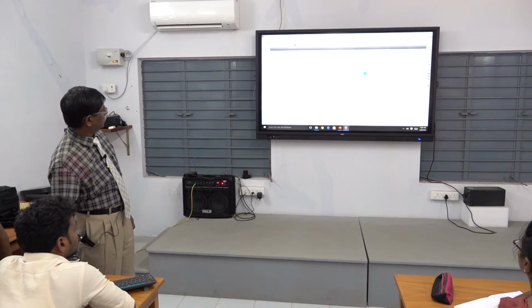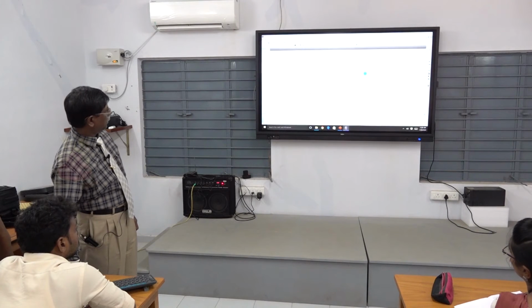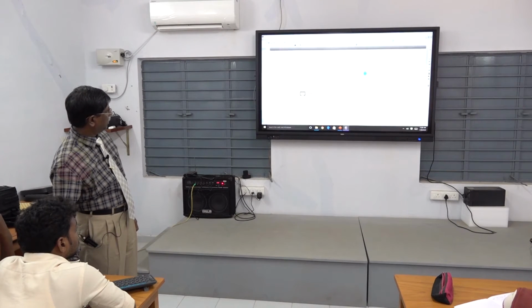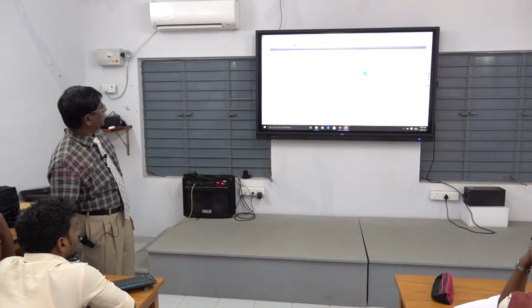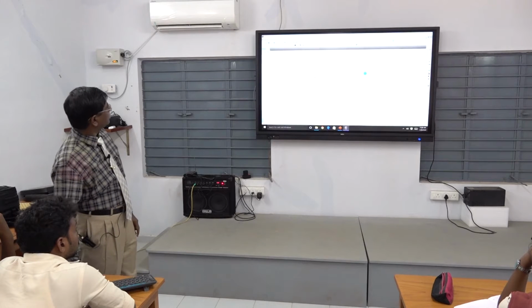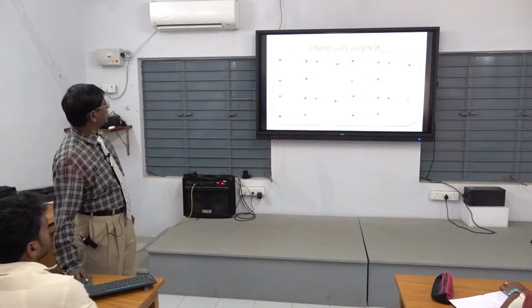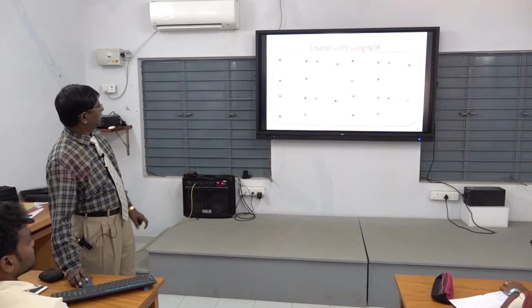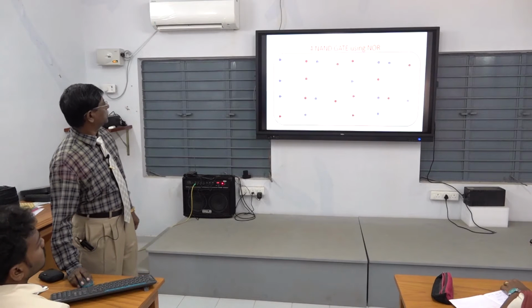Then A equal to 1 and B equal to 0, again you get high output. Only when A and B are true do you get the low output. This is the snapshot of the outputs available, simulated using another software. So we get a 0 and 1 like this here.